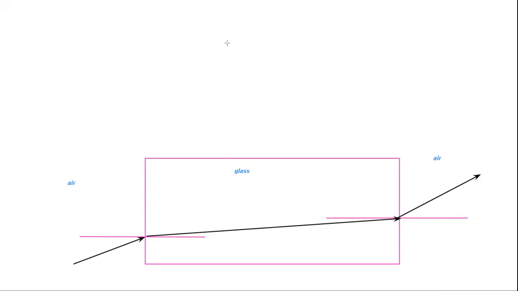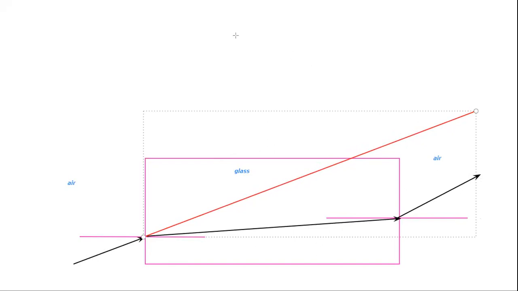But there is an interesting phenomenon here. For example, if you consider this ray, and if I don't place this glass slab in between, then it must have followed this path. But instead of following this path, it moves through this path as there is a change in medium, and then again it moves through this path, again there is a change in medium.